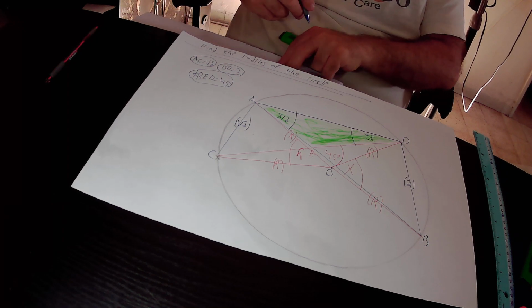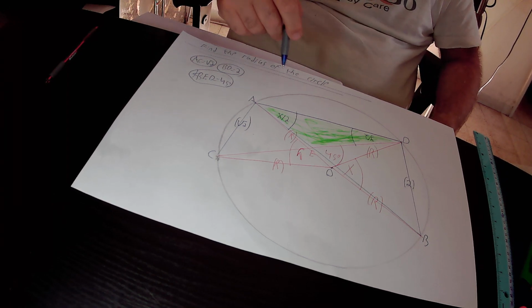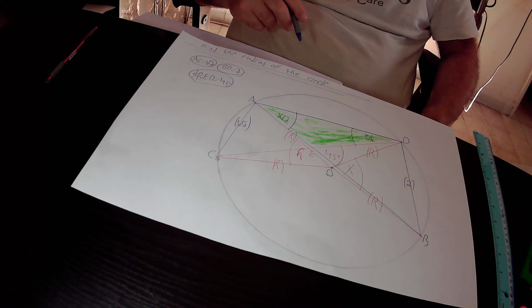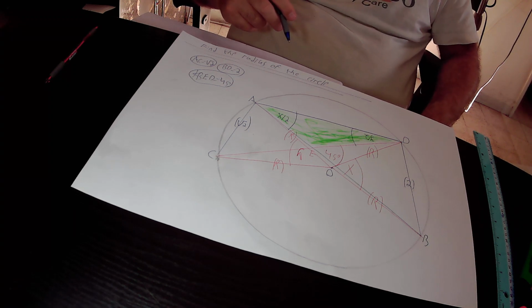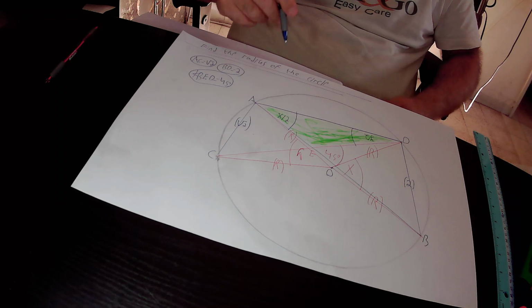In the next step, I'll copy this triangle AOC in the new page, and we'll implement the law of cosines in this triangle AOC.